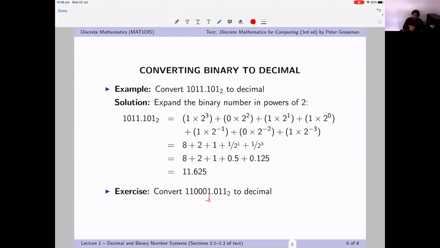Here I can start from here, and 1 times 2 to power 0 plus, now for this 0, that would be 0 times 2 to power 1 plus 0 times 2 to power 2 plus 0 times 2 to power 3. So all these zeros are covered, plus 1 times 2 to power 4 plus 1 times 2 to power 5.